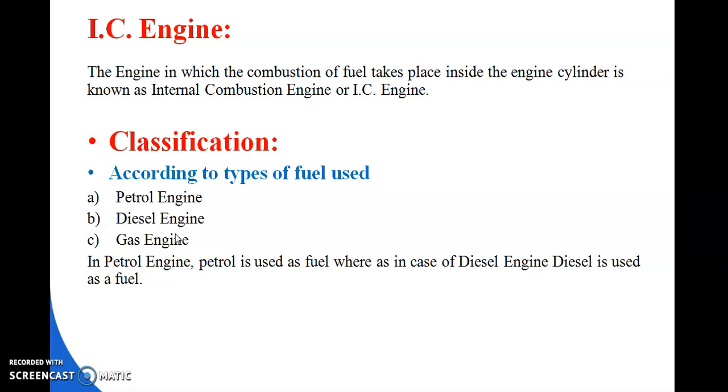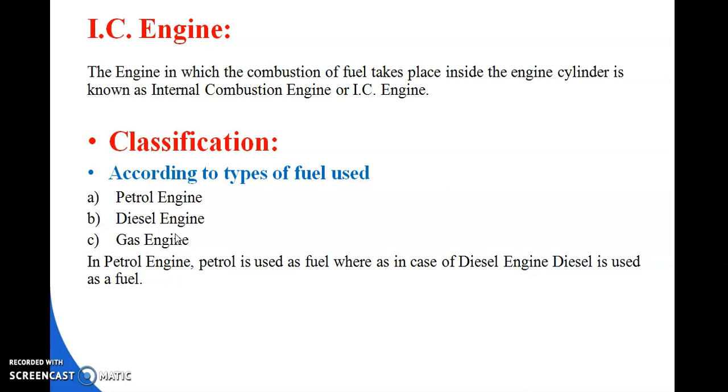Now the question arises, how does the mechanical energy developed in the engine go to the wheel? That is known as the transmission system. Through that transmission system, the power developed in the engine goes to the wheel. The transmission system consists of some important devices.